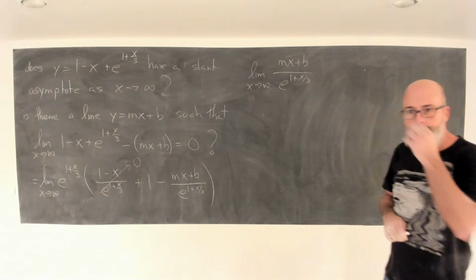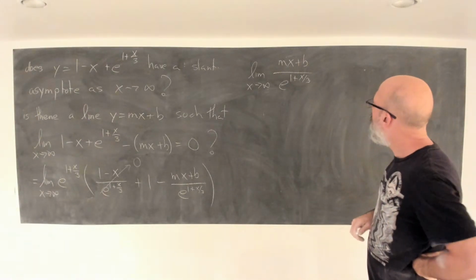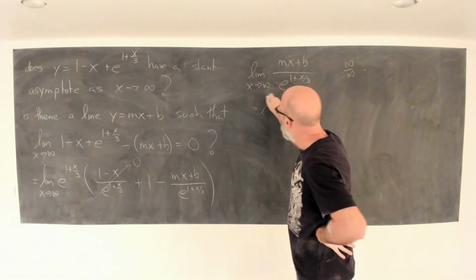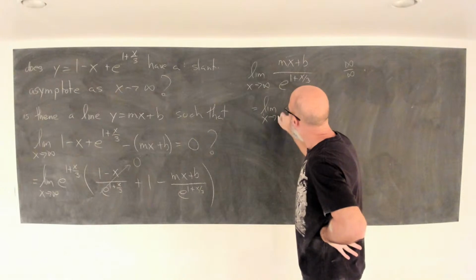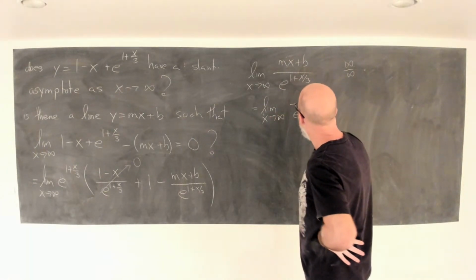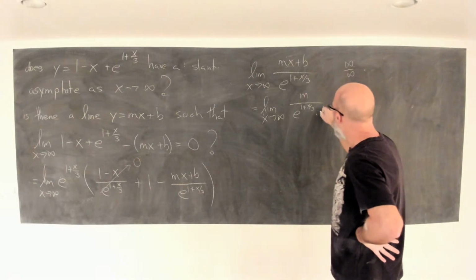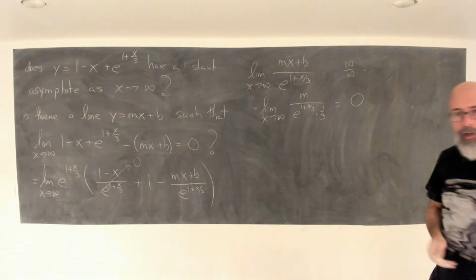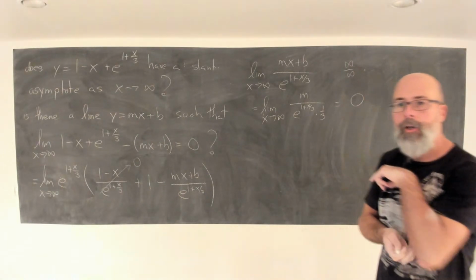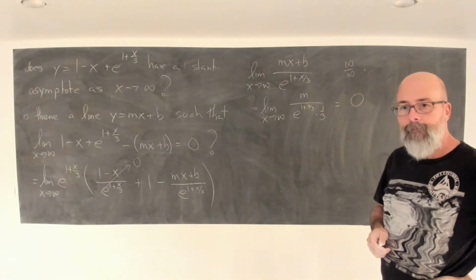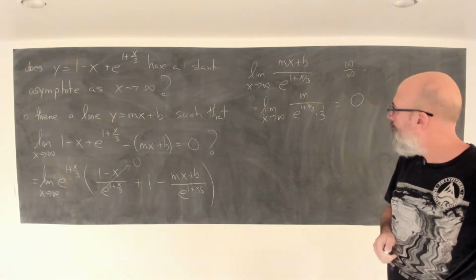If you look at this limit, this has the form infinity over infinity. You can do L'Hopital's rule, and you get an m over e to the 1 plus x over 3 times 1/3, whose limit is easily seen to be 0 again, regardless of what m is.